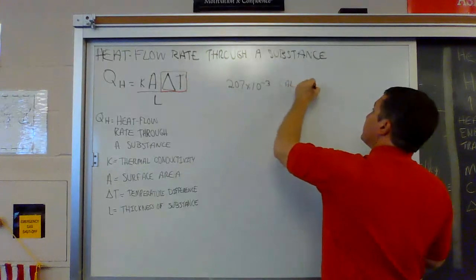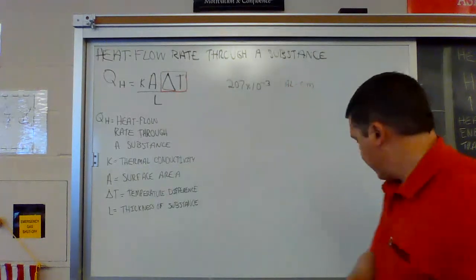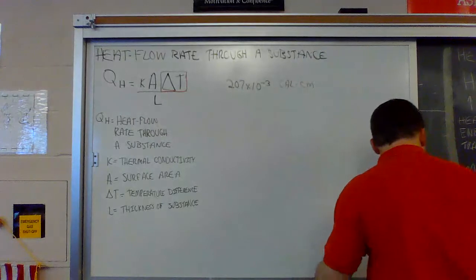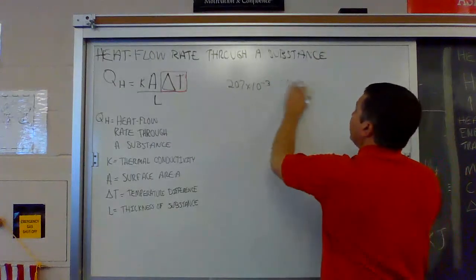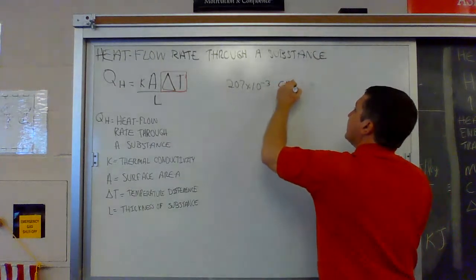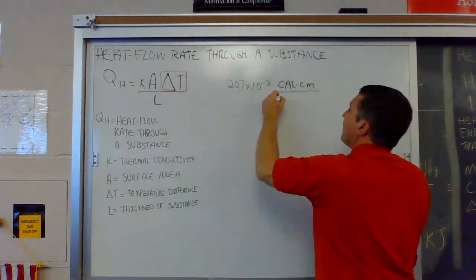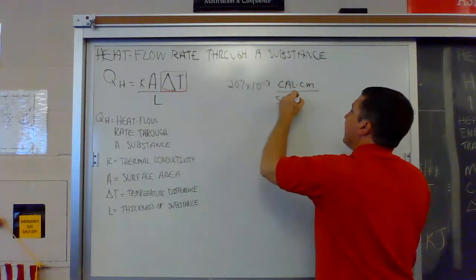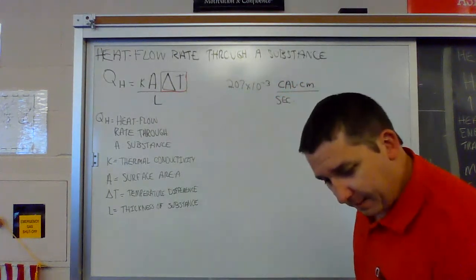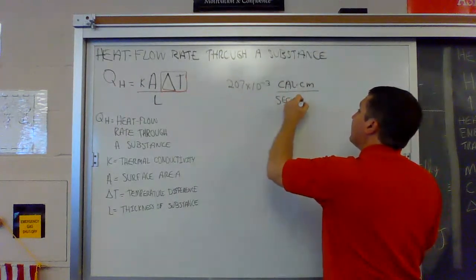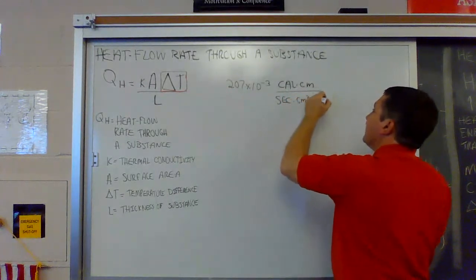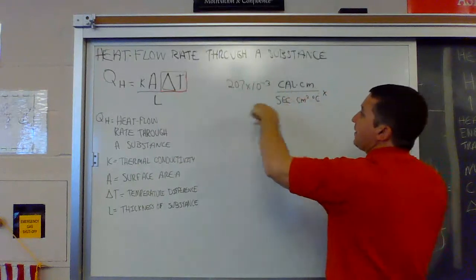So you got calories dot centimeters, and we're going to use a little bit thicker marker here, because that seems to be fading just a tad, over seconds dot centimeters squared dot degrees Celsius. All right. So this is all the K value.